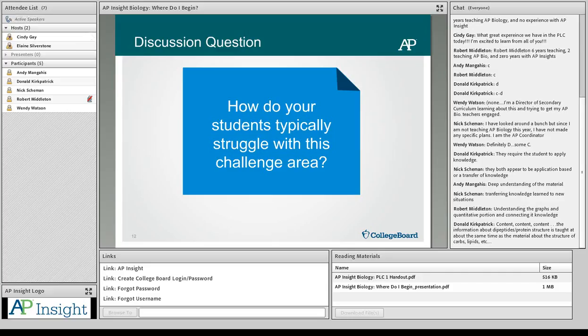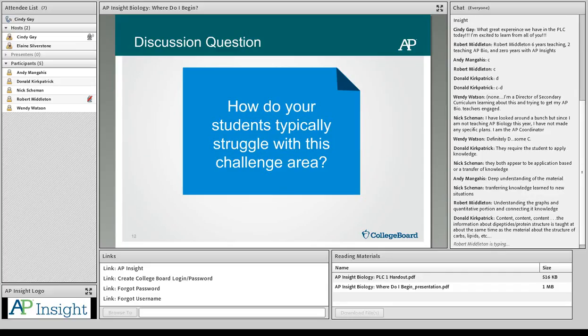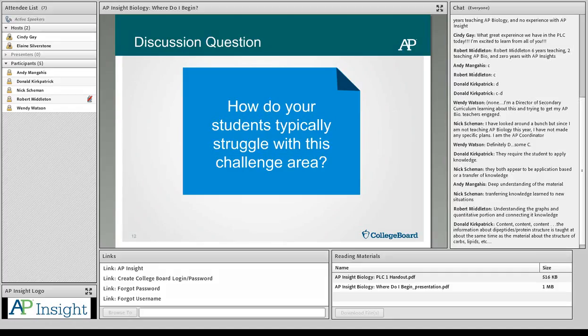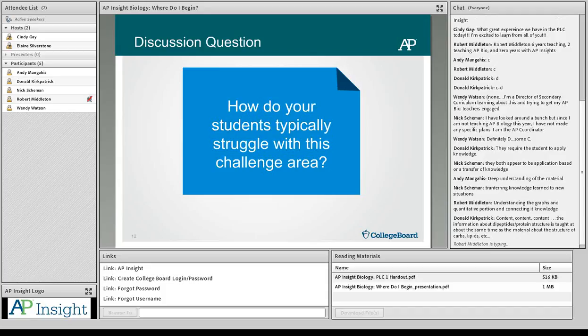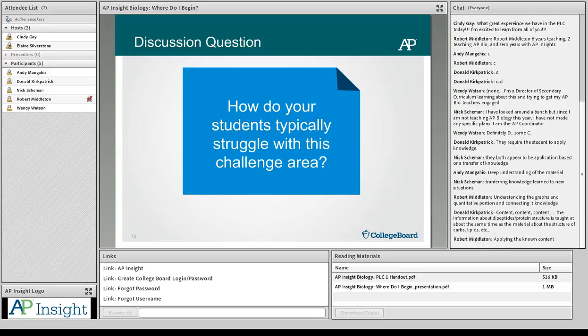Right. So much structure getting taught all at the same time that it's easy to confuse them. Yes, definitely the application.